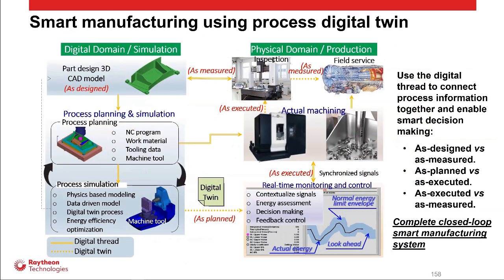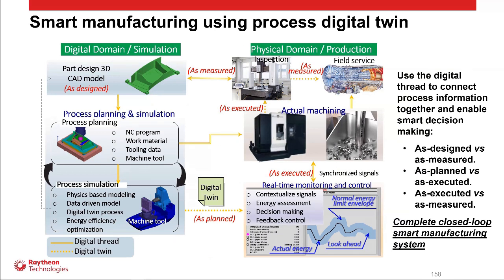So this slide just shows how it works. The left-hand side is called the digital domain. This is how we created this digital twin: starting from the design, then based on input information such as the NC program, work material, and tooling data, together with the machine model, we can simulate how the machine will behave during the actual cutting. After this is an iterative process: after proving out the program, it is uploaded to the CNC machine to do the actual machining.